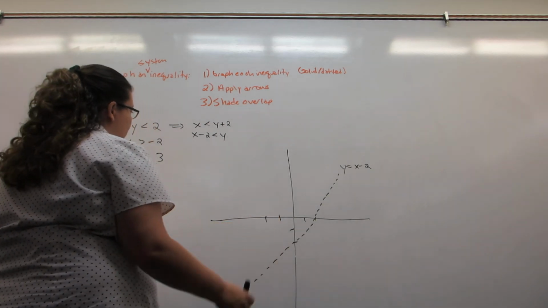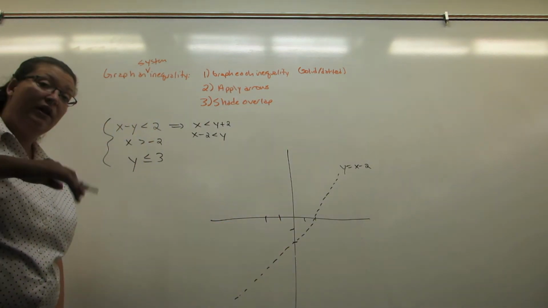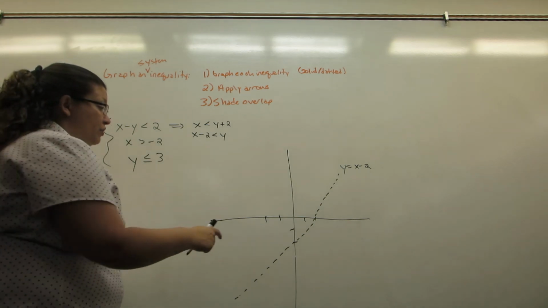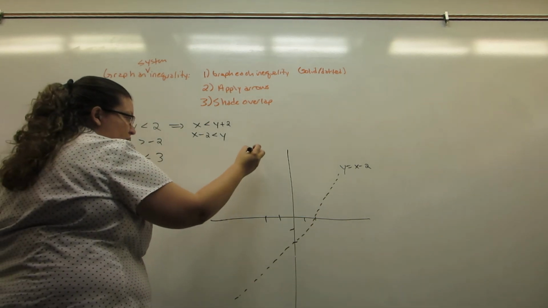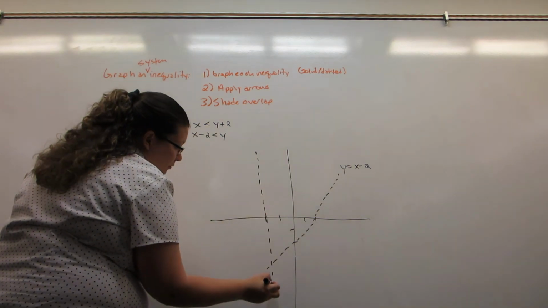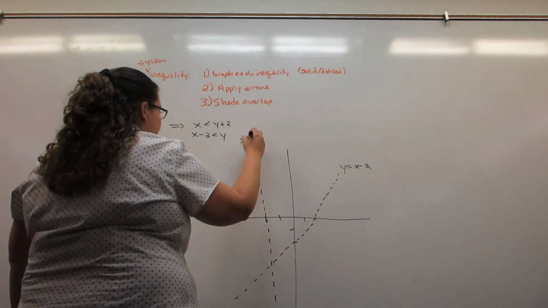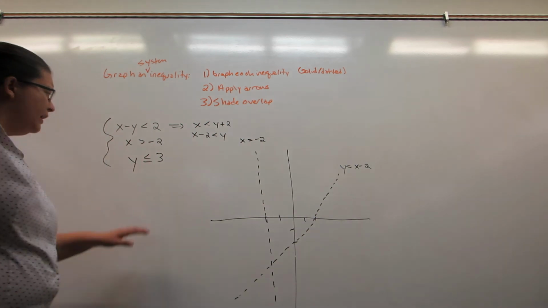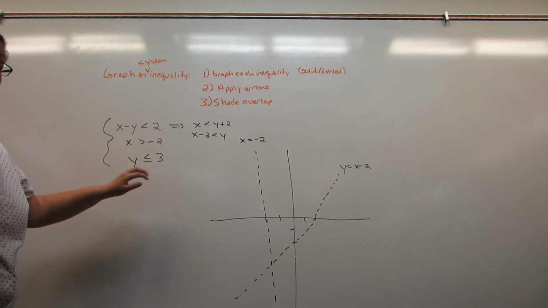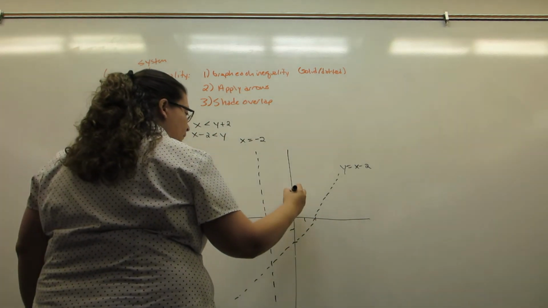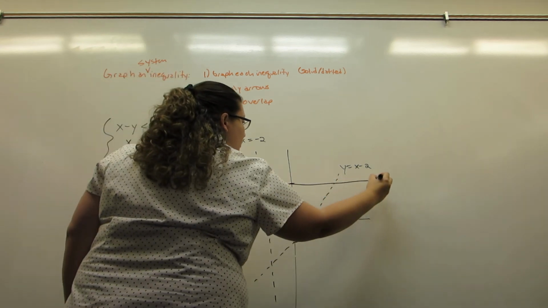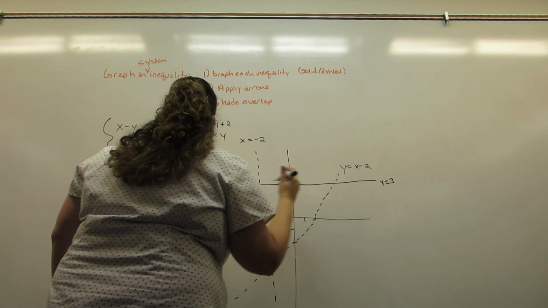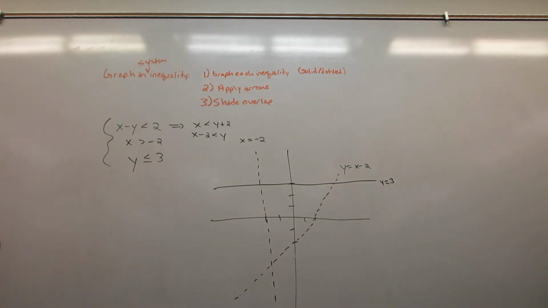So I'm graphing the inequality, or the equation x equals -2, which is a vertical line at -2, and it will be dotted because there's no or equal to bar on the inequality. And my last one is going to be the equation y equals 3, and it's going to be solid because there was the or equal to bar on that inequality.